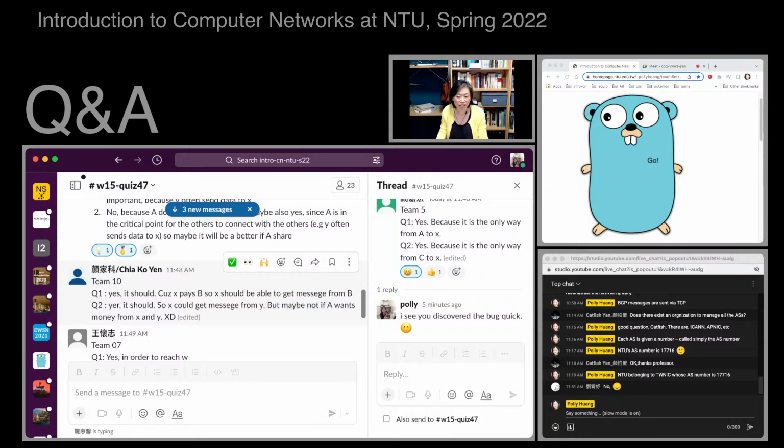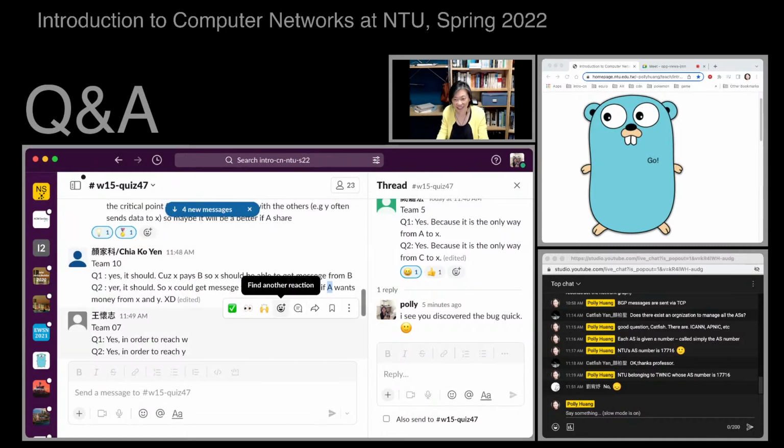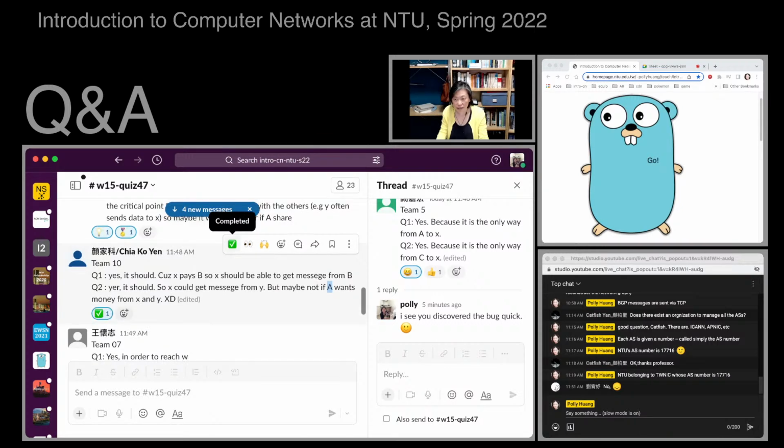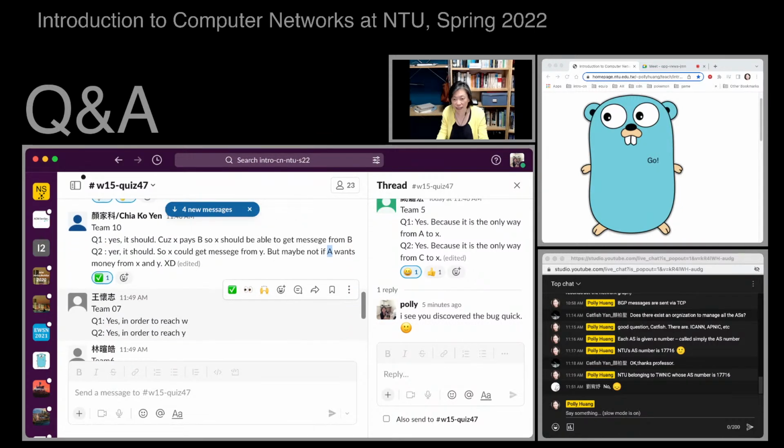So obviously A wants to send the AS path ABX to C, but in the meantime, negotiate with C. All right, good. So Keke is also debating.